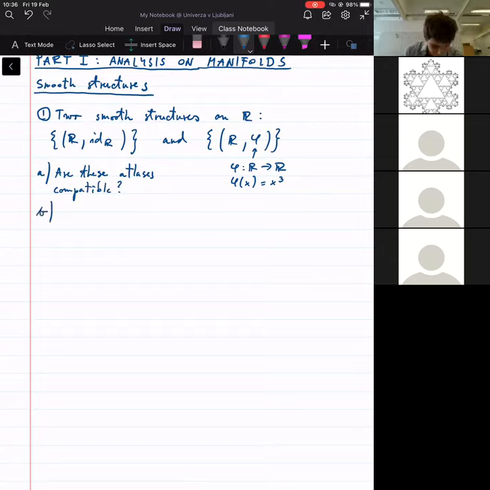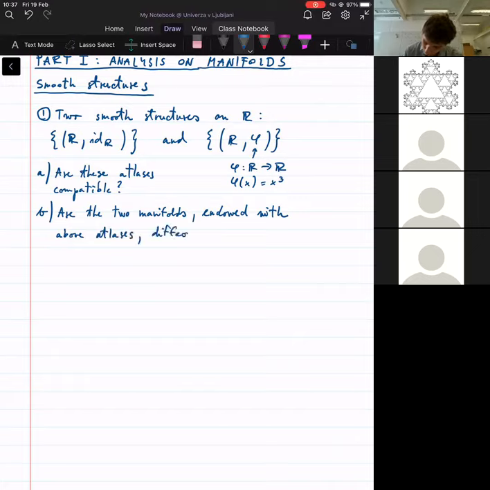And the second question is, are the two manifolds endowed with the above atlases diffeomorphic? So let's try to solve A.